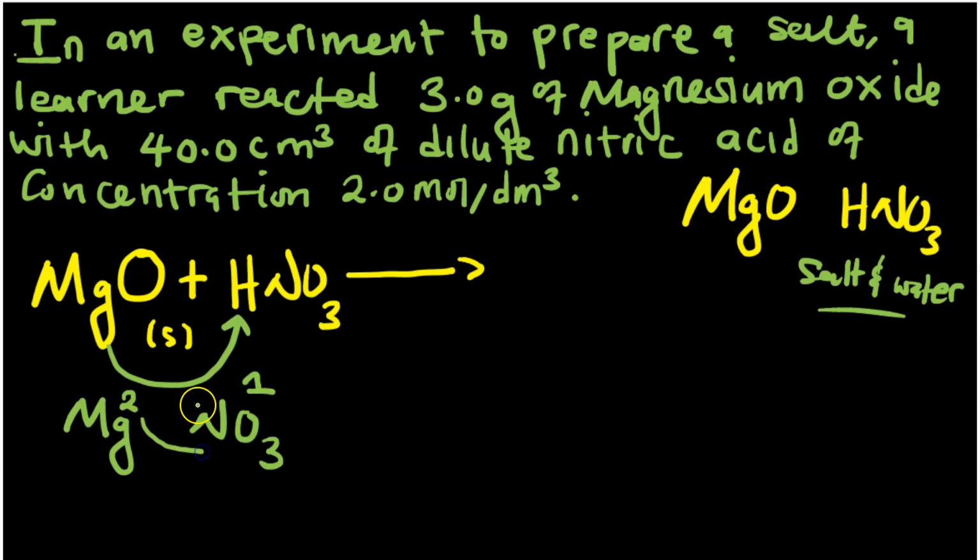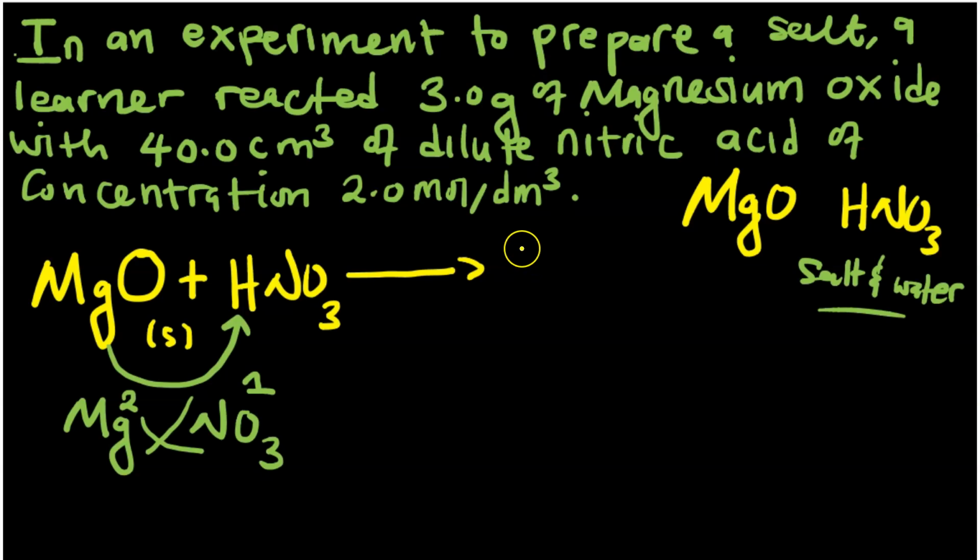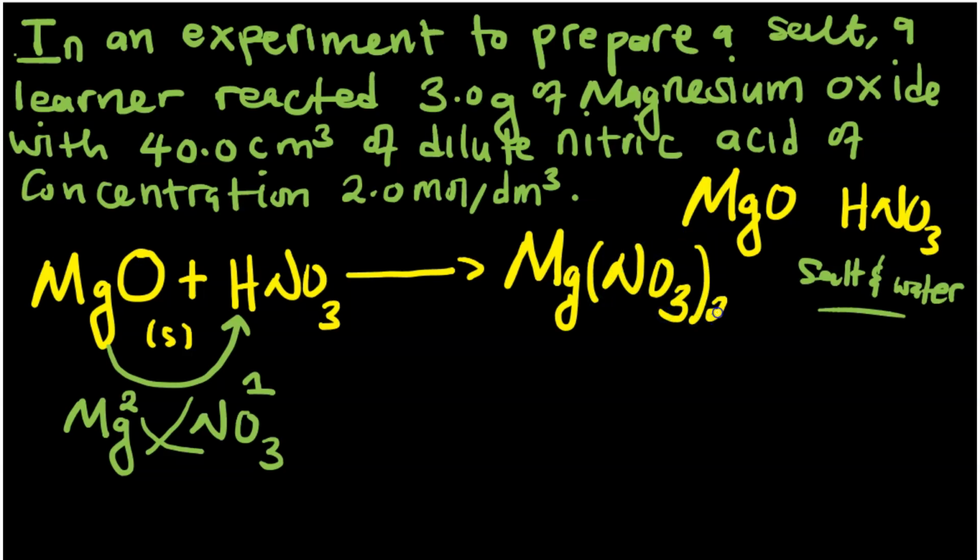If we are to cross the valences, nitrate is going to be in brackets and therefore producing a salt, magnesium nitrate. So that is how a salt is produced. So this one, we simply put it in brackets.